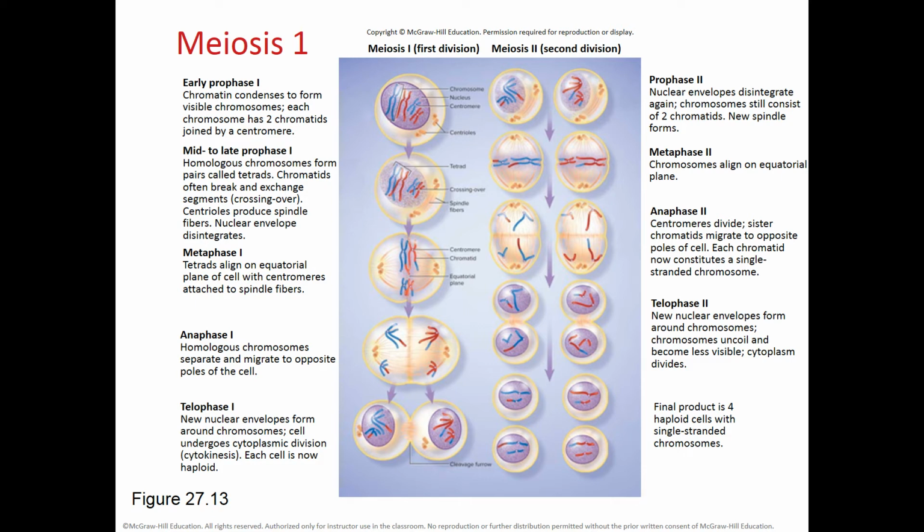It's basically similar to mitosis, in which you have prophase, metaphase, anaphase, and telophase. But in meiosis 1, you have genetic exchange in prophase. In mitosis, you never have genetic exchange. You always produce daughter cells, hopefully with the same genetic material.